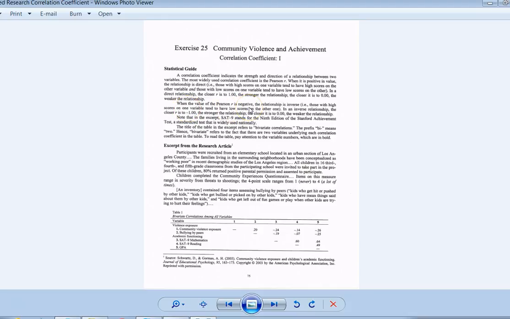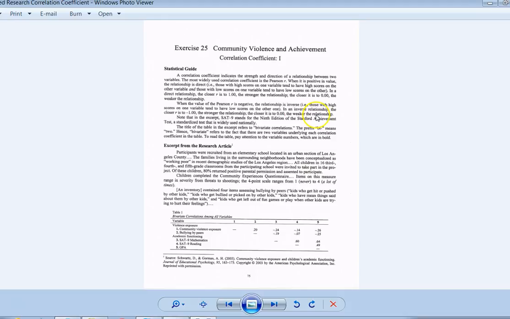Pearson's r. The one thing that is important is the relationship is inverse or negative when Pearson's r is negative. So that means that one goes up and the other goes down. In an inverse relationship, I'm sorry, back up. That means those with high scores on one variable have low scores on the other.